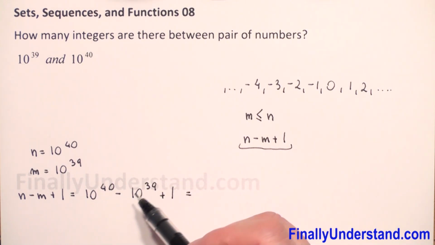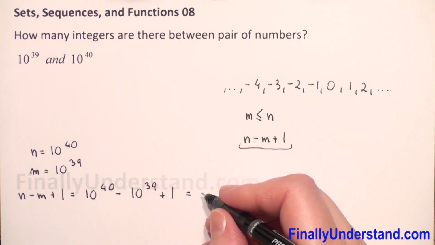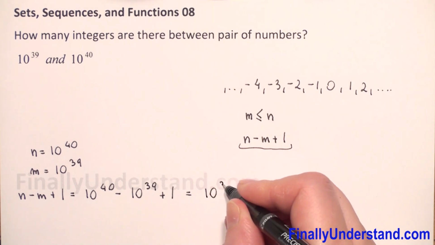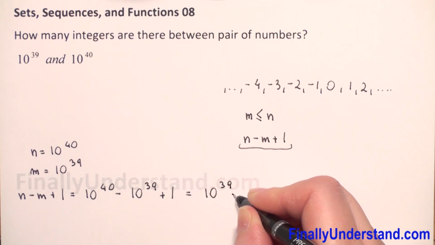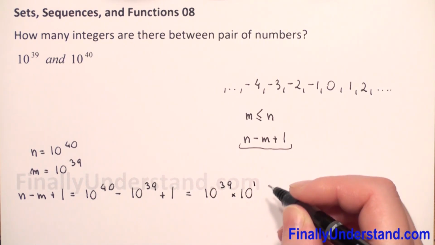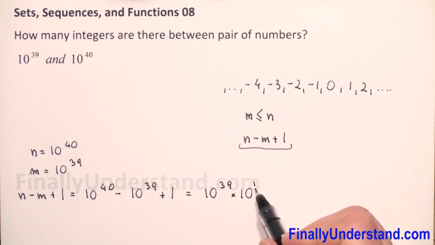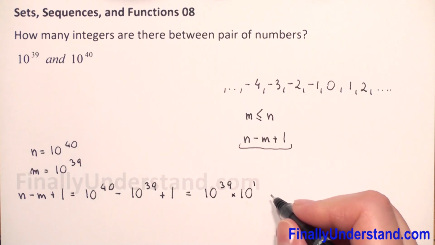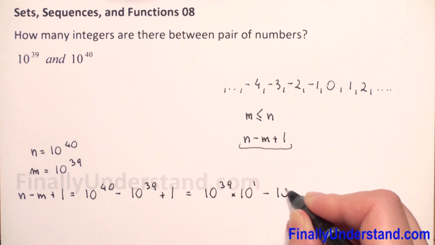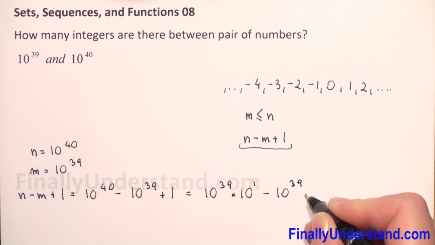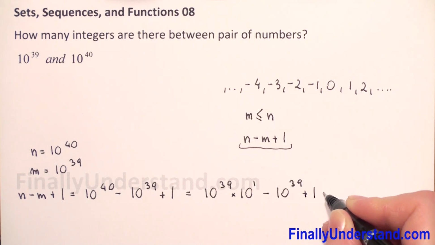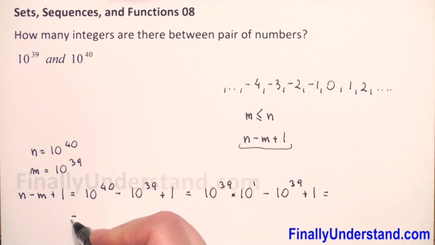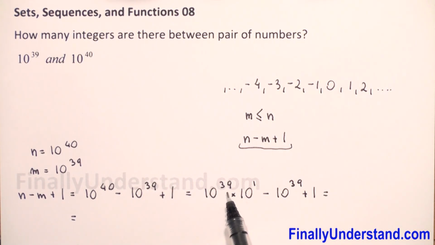We can rewrite 10 to power 40 as 10 to power 39 times 10 to first power. When we have the same base, we add exponents. 39 plus 1 is 40, the same as what we have at the beginning. And we have minus 10 to power 39 plus 1. So this is equal. We can factorize 10 to power 39 because we have the same expression.